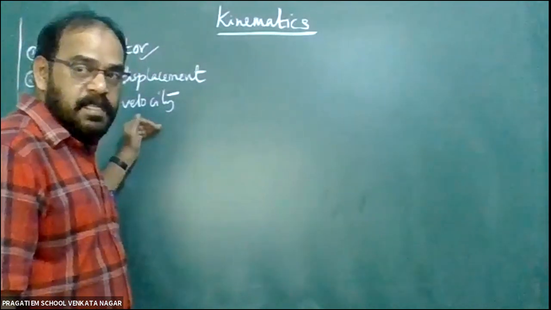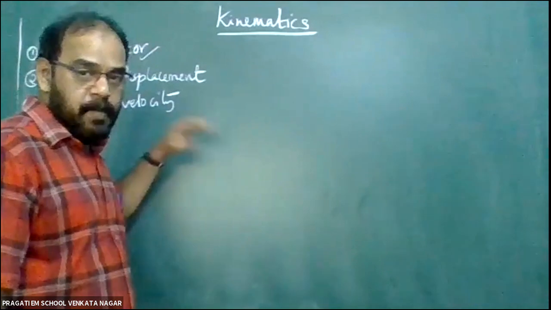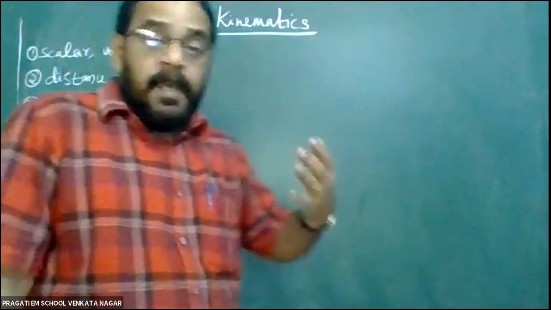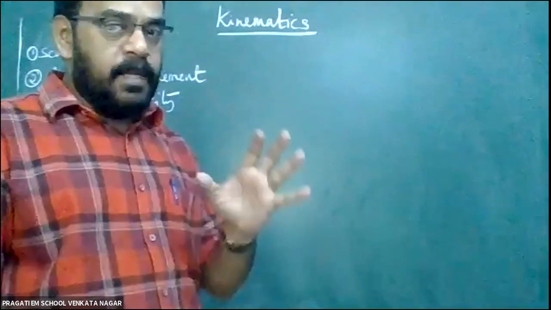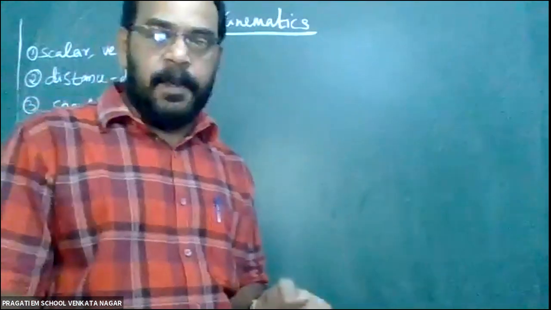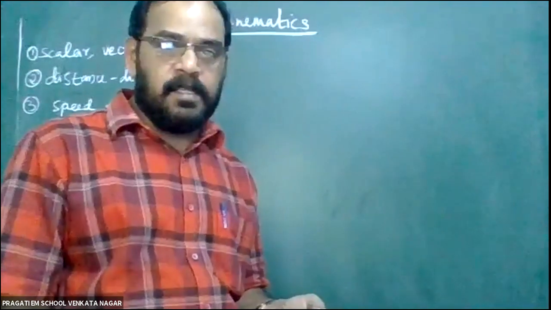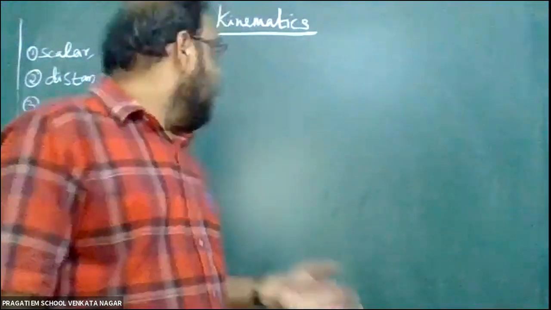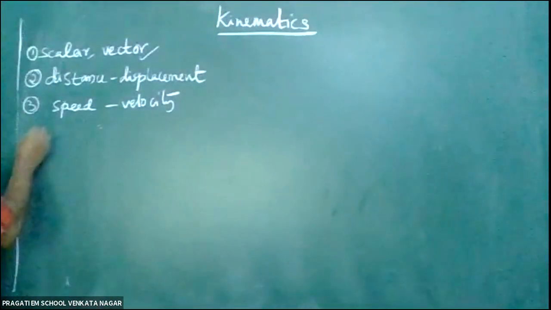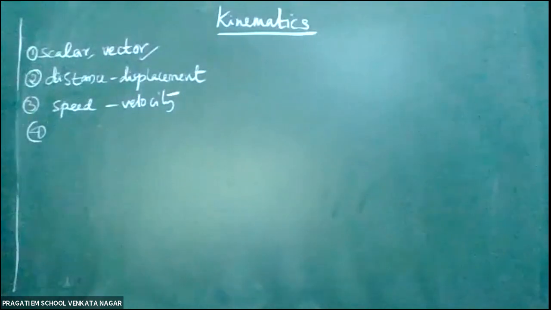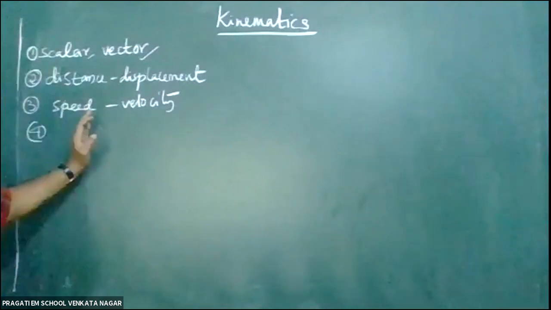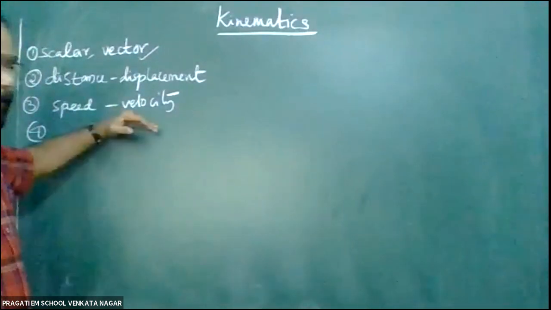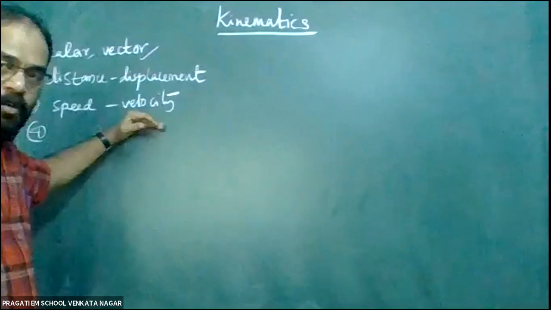And velocity is the rate of displacement, that is the displacement traveled in unit time. So the rate of distance is called speed, rate of displacement is called velocity. Again we remember, speed is a scalar quantity because no direction is specified here, and velocity is a vector quantity.